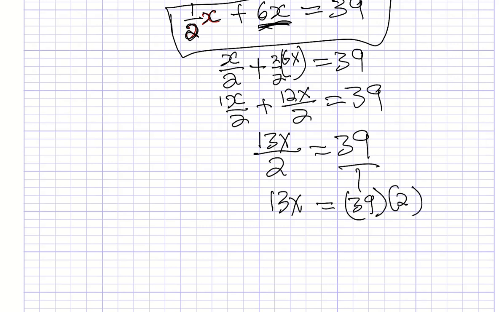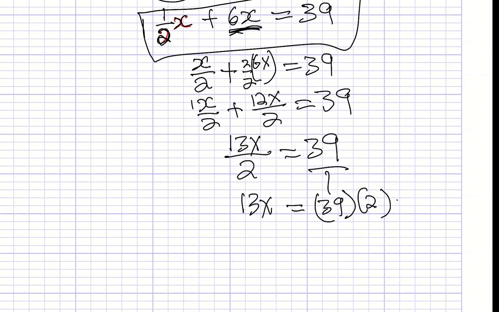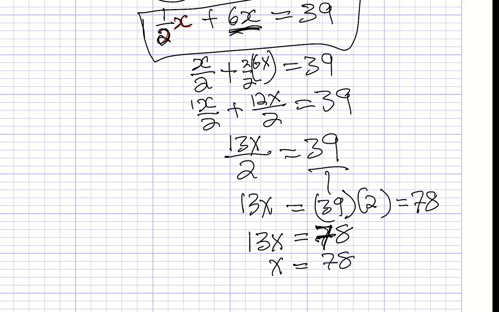You have to just follow the logic. Don't jump the gun. When you try to jump the gun, that's when you make mistakes. 39 times 2 is 78. And then 13x equals 78, and x equals 78 over 13. You divide that by 13, you get 6.